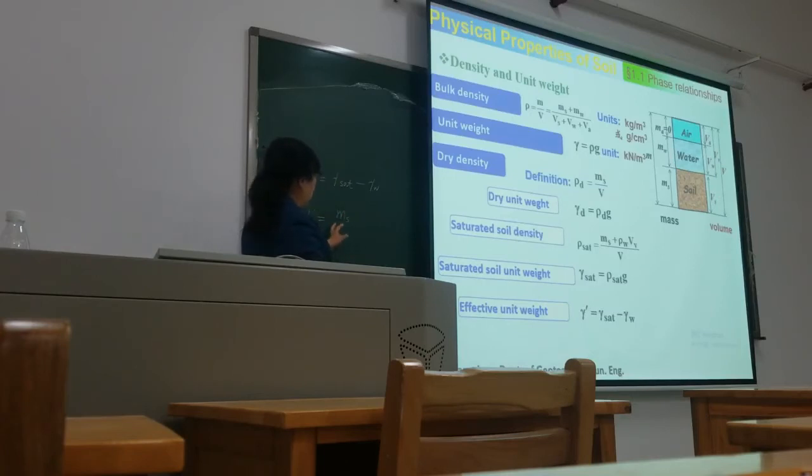Here, mass of soil grain minus the volume of void for saturated soil, volume of water. Okay?